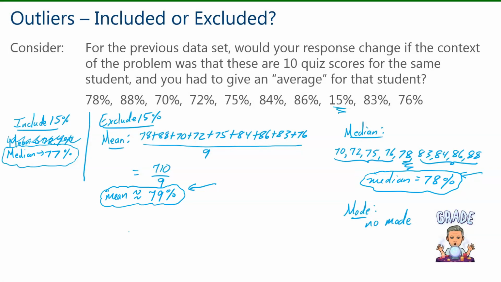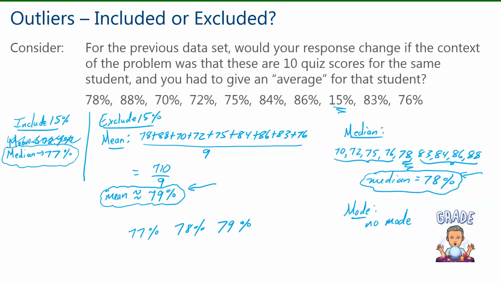Now, if we think about this, 77%, 78%, 79%, there's not too much of a difference in these values. Even with the guidelines I have given you, I would have no trouble with you choosing either of these 3 values to represent the student's average. You can make arguments to support whichever choice you make.